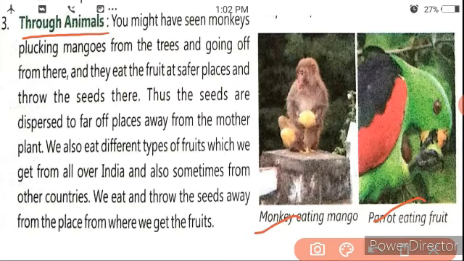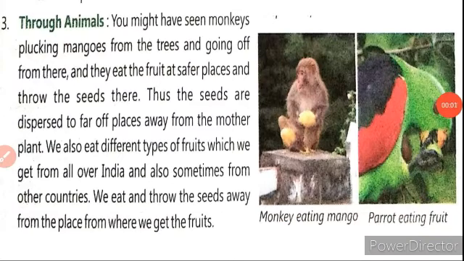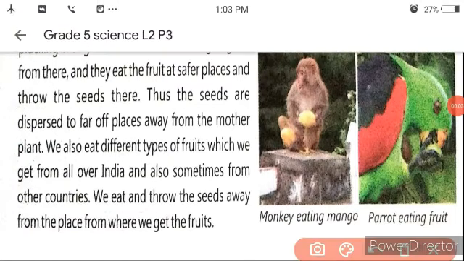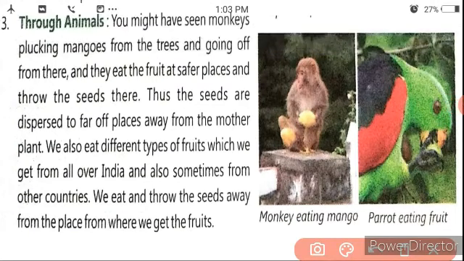Never. It will go here and there and throw the seeds somewhere. Similarly, the parrot is flying somewhere and it will throw the seeds somewhere. So, the seeds are dispersed to far places away from the mother plant.